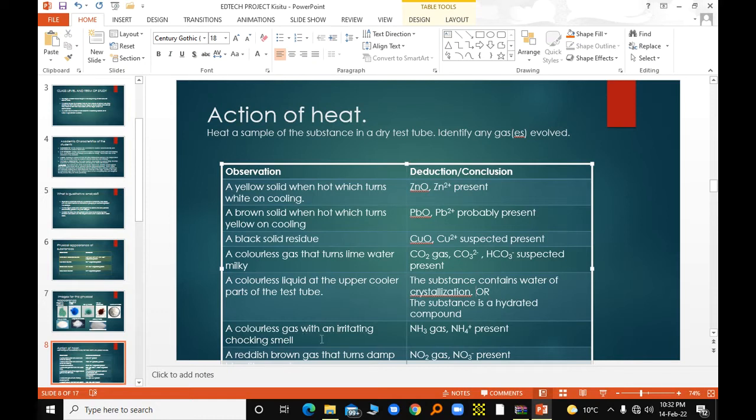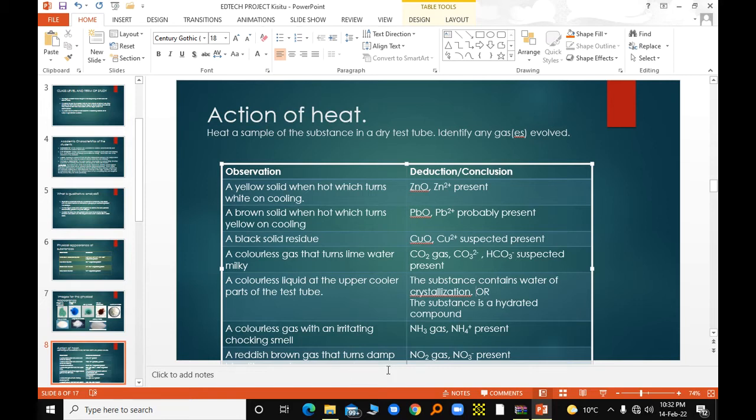A colorless gas that has an irritating choking smell: the gas is ammonia gas, and ammonium ions suspected present.